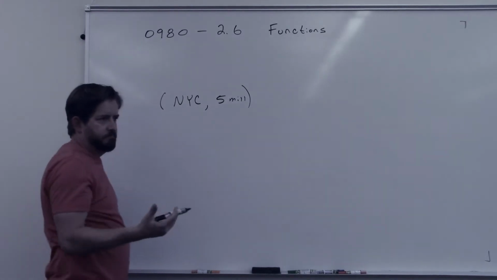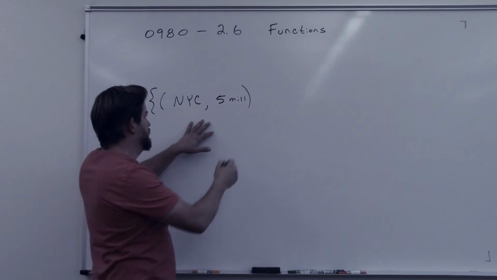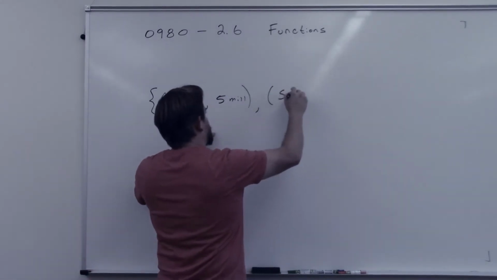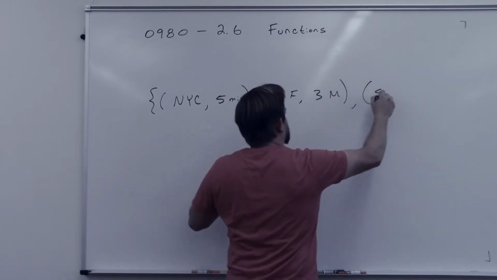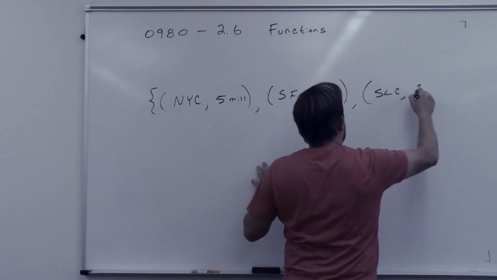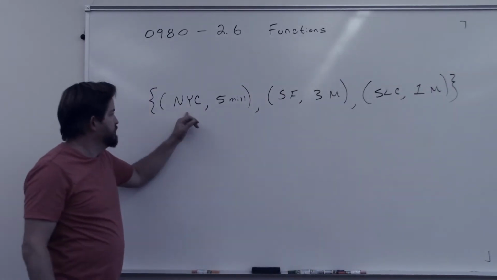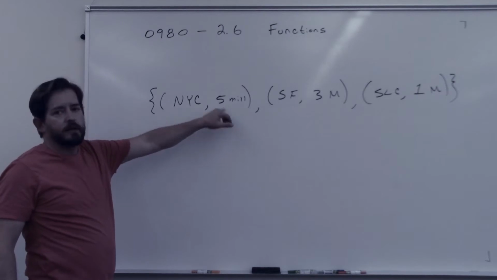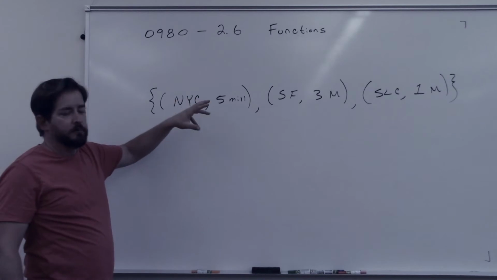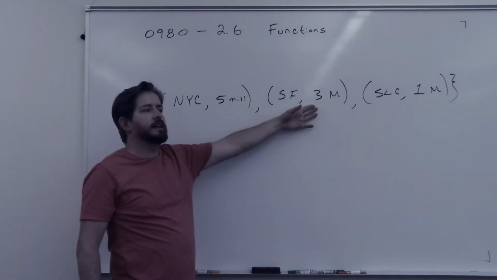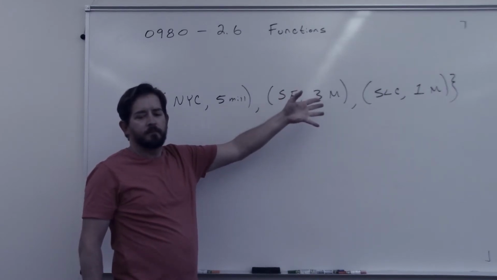Let's pretend I'm right for now, knowing that I'm probably not. And let's say we had San Francisco, with 3 million people, and Salt Lake City, 1 million. I don't know these numbers, I don't care. But each of these inputs only has one output. New York City has 5 million people. There's not two outputs for the single input. San Francisco has a single answer, 3 million. Salt Lake City, 1 million.